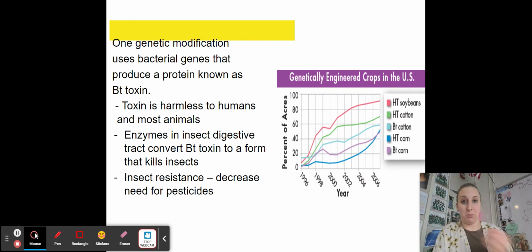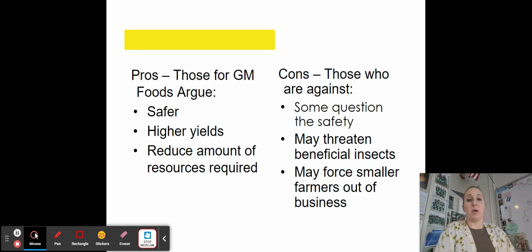If an insect tries to eat a plant that has this protein, it will kill them. This has actually sparked an evolution inside insects that tells them, don't try to eat this, it will kill you. So it creates insect resistance for those plants, and it decreases the need for pesticides because it's like a natural pesticide.